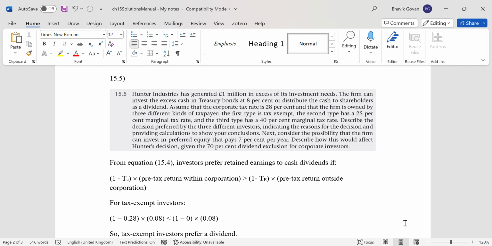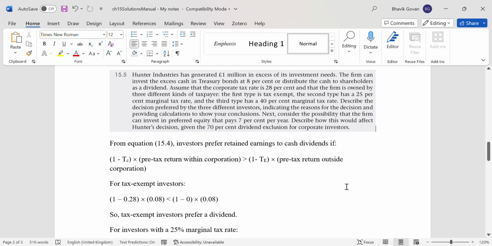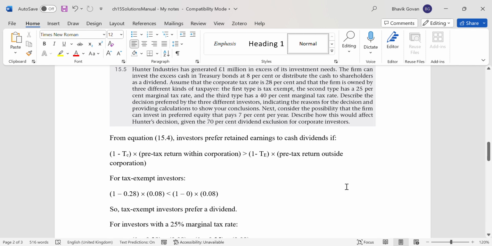So basically, what return you receive doing whatever you're doing outside the business, outside the company. That equation is very important. Remember it, especially for this answer.